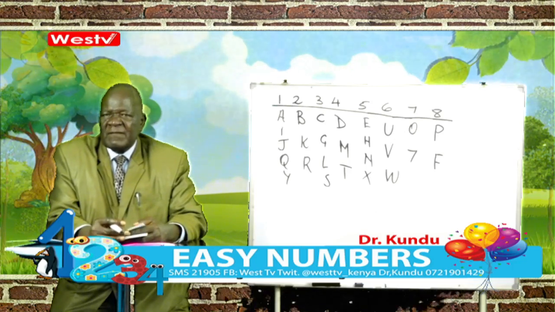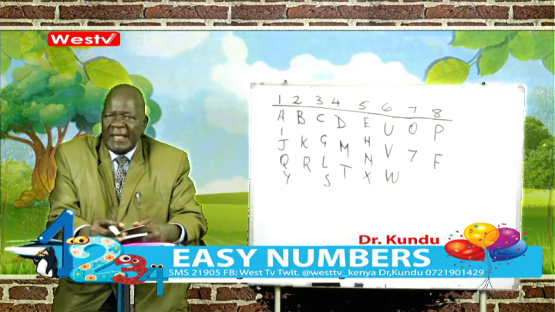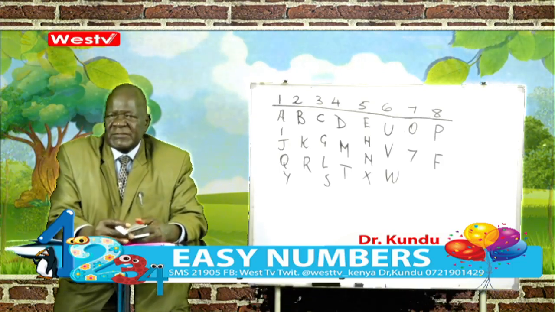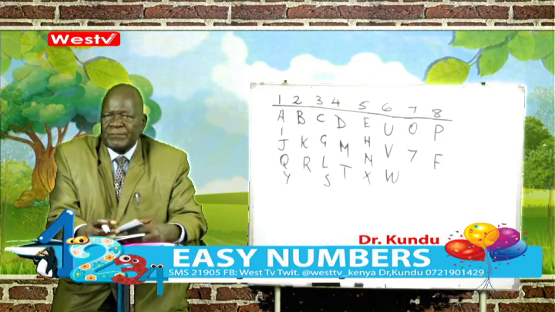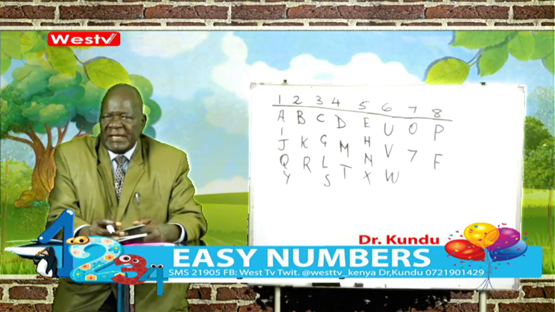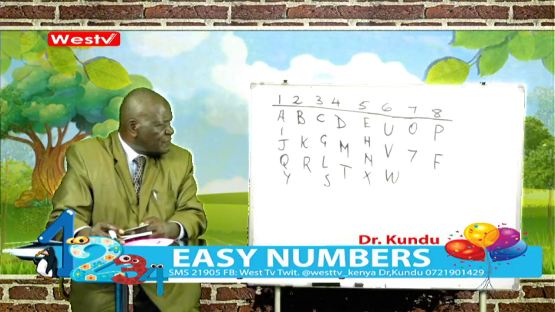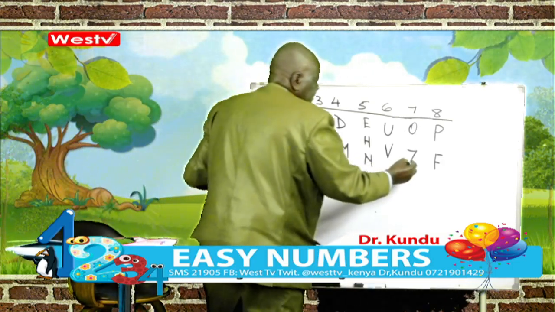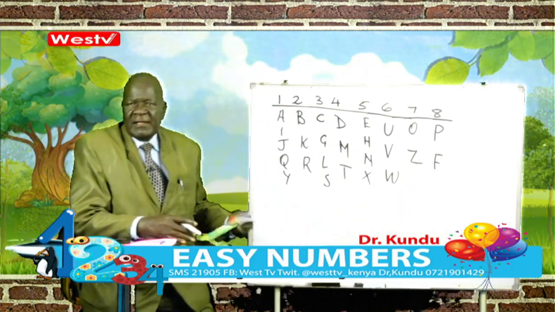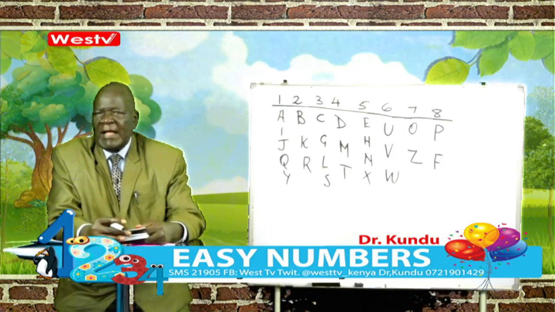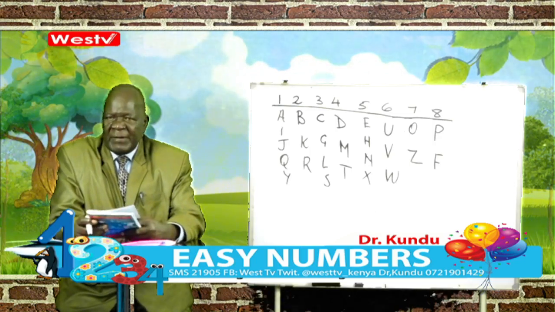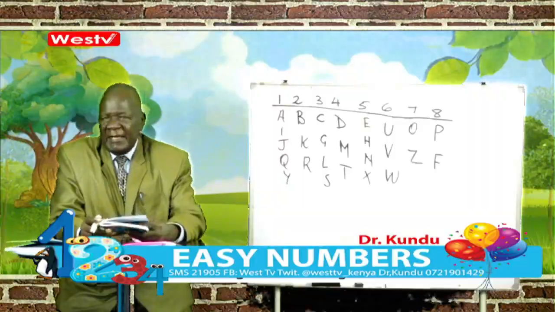And the numeral 5 has the letters E, H, N, and X, while the numeral 6 vibrates to the letters U, V, and W. The numeral 7 vibrates to the letters O and Z. So O and Z, here is Z, not 7, but Z. So the numeral 7 vibrates to the letters O and Z, while the numeral 8 vibrates to the letters P and F.